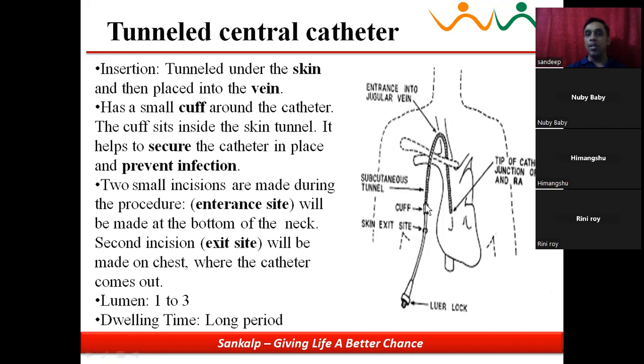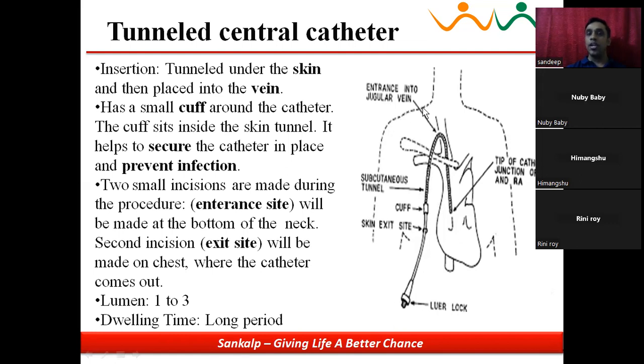This is the important part: the catheter has not entered the blood vessel directly. After going under the skin, only then does it enter. Next, this catheter has a cuff, where movement will not happen. It also prevents infections and secures the line. In our patients, you might have seen two sutures.